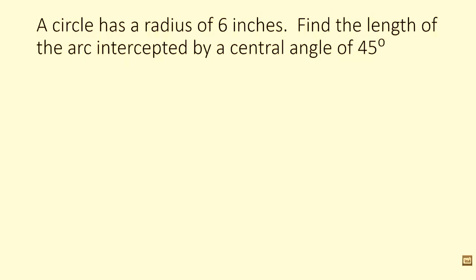All right, let's look at an example. A circle has a radius of 6 inches. Find the length of the arc intercepted by a central angle of 45 degrees. All right, so how do we begin this? So the formula, S is equal to R times theta, can only be used when theta is expressed in radians. All right, and our central angle theta is given in degrees. So the first thing we need to do is to convert 45 degrees to radians.